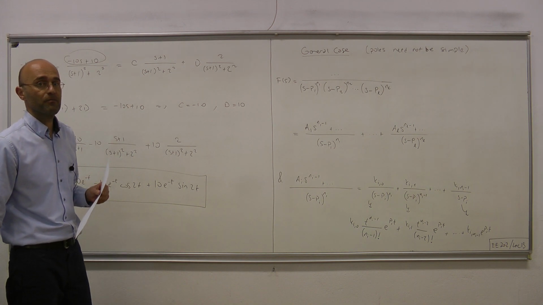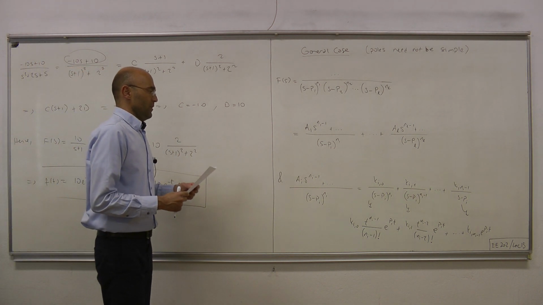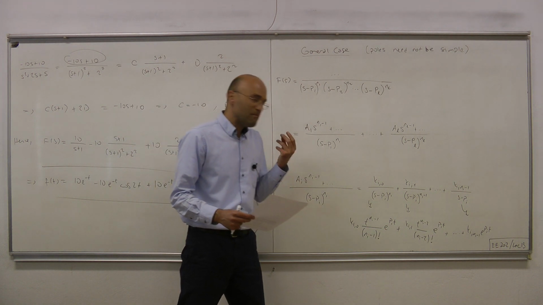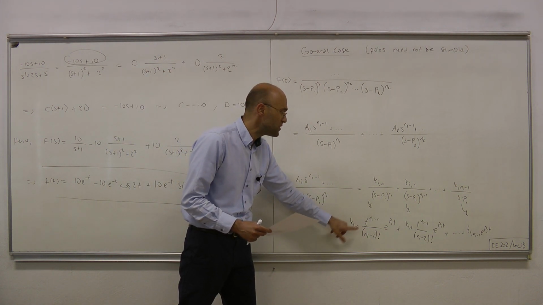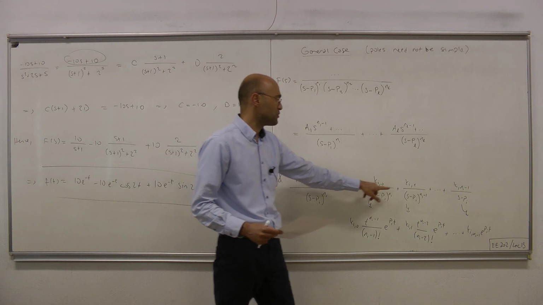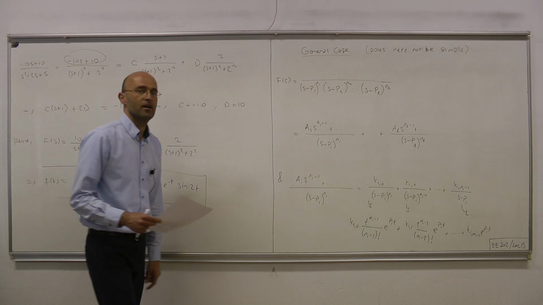Okay. Now, this is all nice, but the main problem still remains, and that's how to compute these residues here, ki0, ki1, up to ki, ni minus 1.